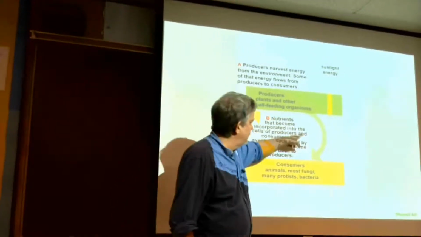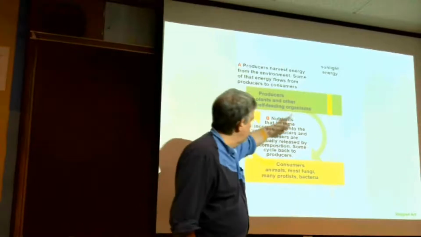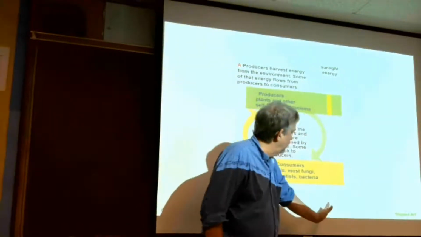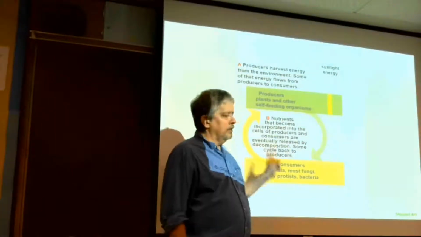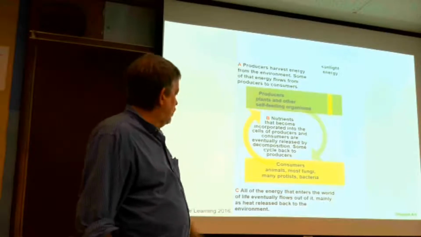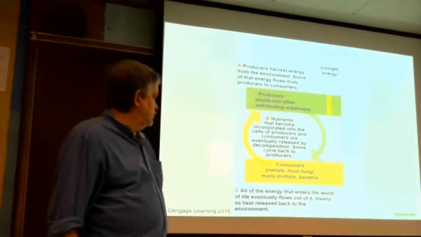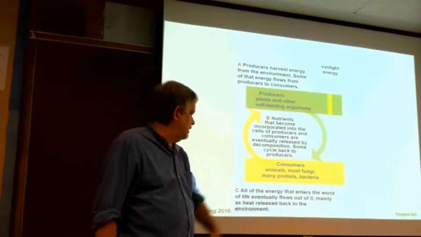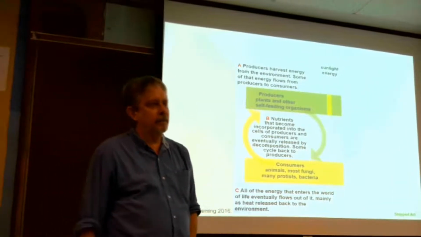So we get that from the things we eat too. The nutrients are recycled throughout the system. The sunlight passes through and cannot be recycled. Energy cannot be recycled. So all energy that enters the world of life eventually flows out of it, mainly as heat released back to the environment.